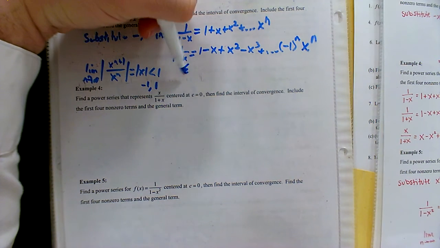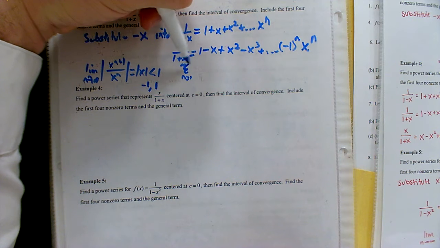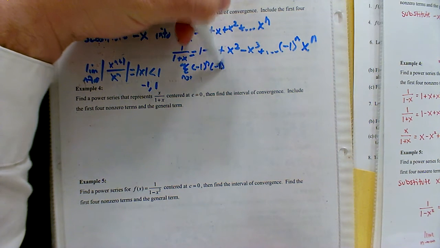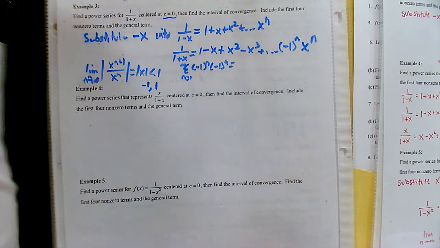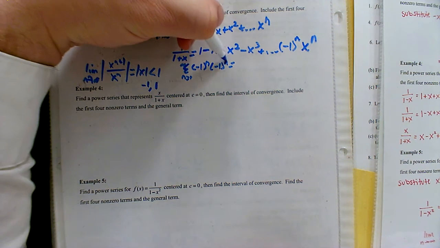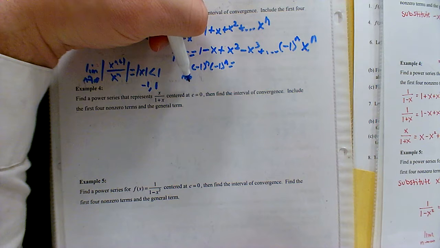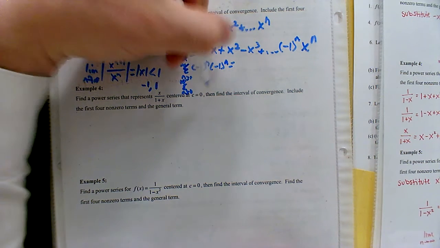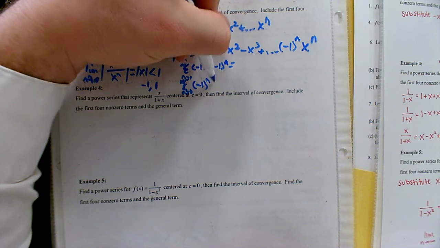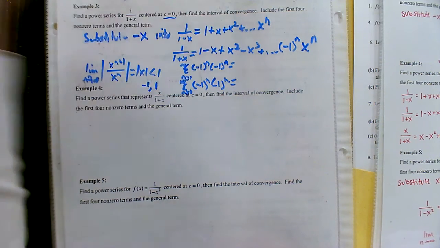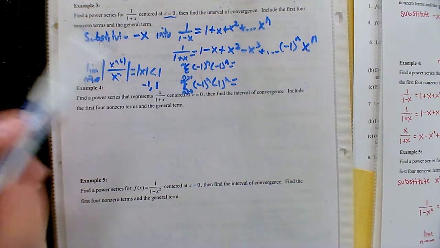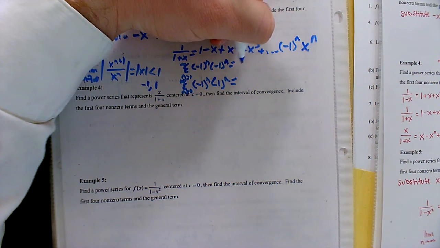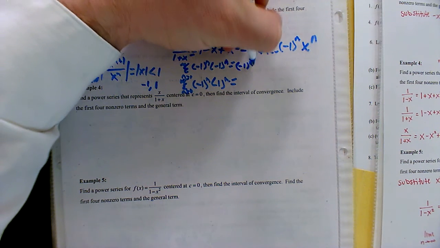So testing it, summation, n equals 0 to infinity, negative 1 to the n times negative 1 to the n. And then we need the summation, n equals 0 to infinity, negative 1 to the n, because that's the alternator, times 1 to the n. So the first one, negative 1 to the n and negative 1 to the n, it's going to be negative 1 to the 2n.